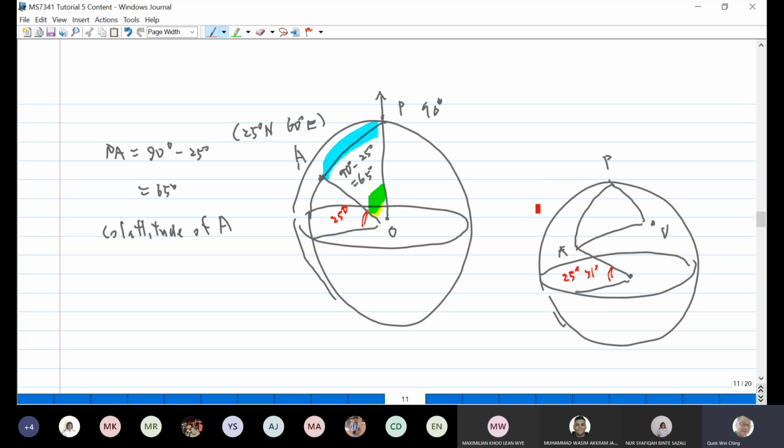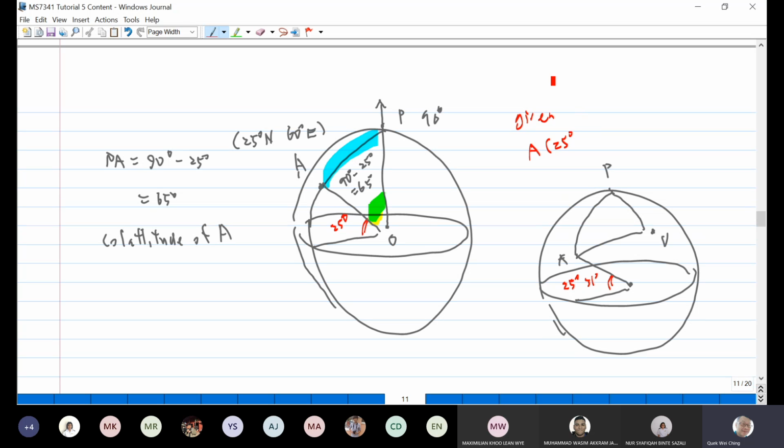This latitude here is 25 degrees north. I don't care about the longitude at the moment.